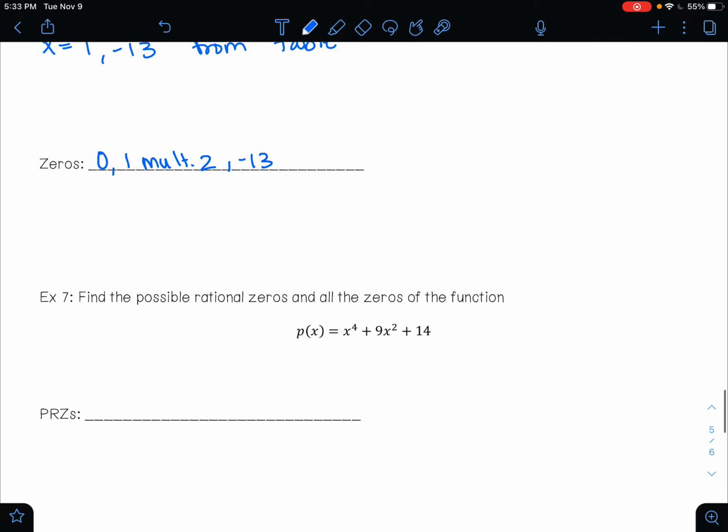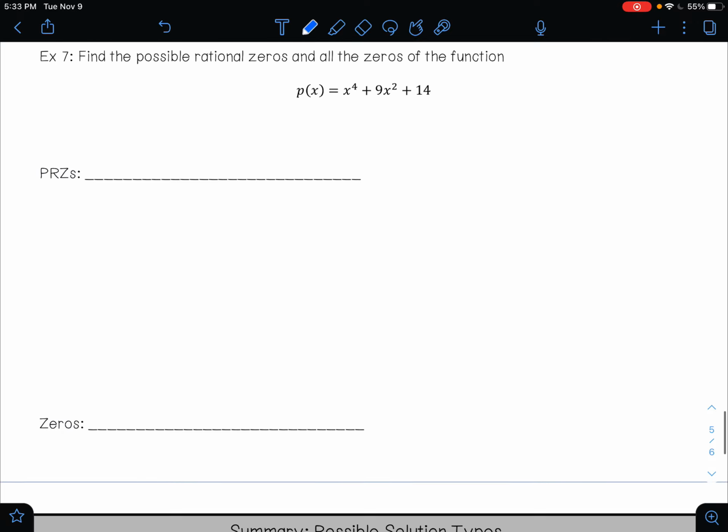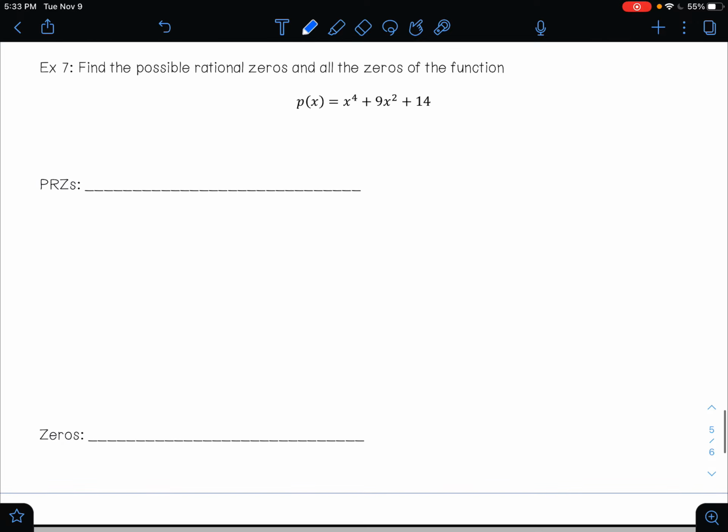If we look at example 7, it says find the possible rational zeros and find all zeros of the function. So, first thing that I'm going to do is find my possible rational zeros. My possible rational zeros are when we do constant divided by leading. Here, my constant is 14.